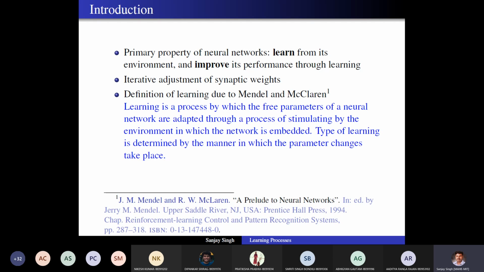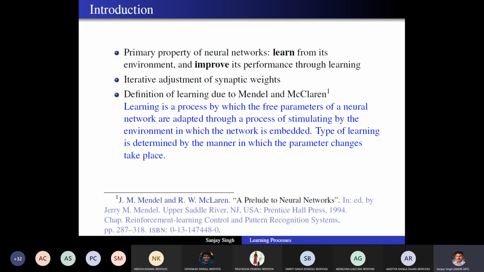Now, the type of learning is determined by the manner in which the parameter change takes place. So basically, there are so many learning algorithms. Why not only one? That's what is mentioned here, what kind of learning is happening. For example, we human beings are master neural systems.